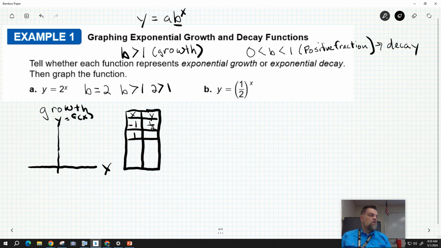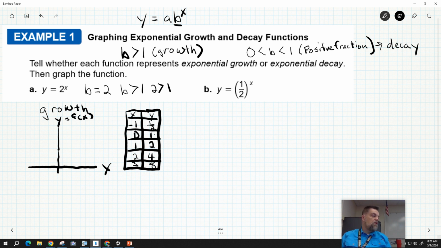When x equals 0, y equals 1. When x equals 1, and from this point you just double it, right? So 1 times 2 is 2, and then when x is 2, 2 times 2 is 4. When x is 3, 4 times 2 is 8. Okay? So I'm just going to graph those points.